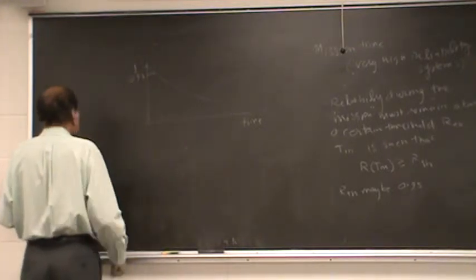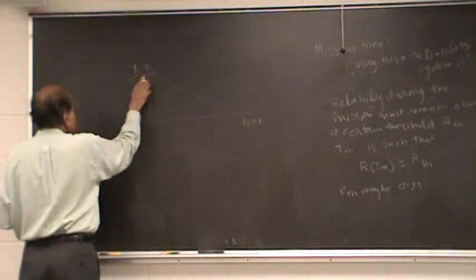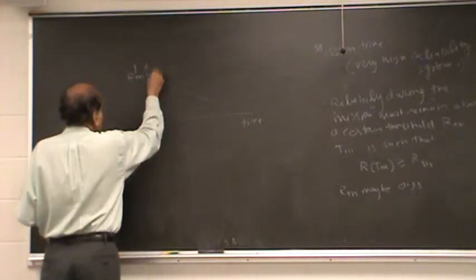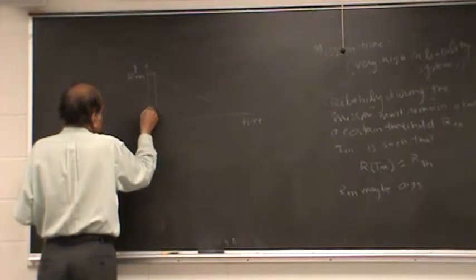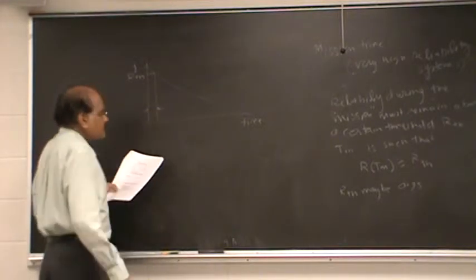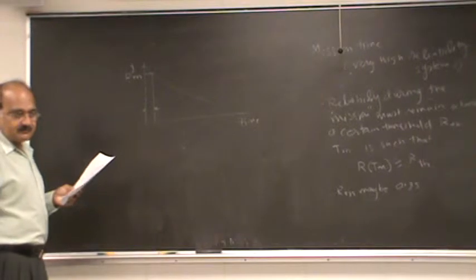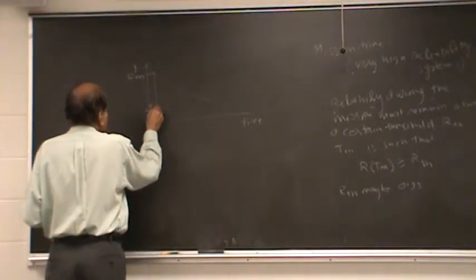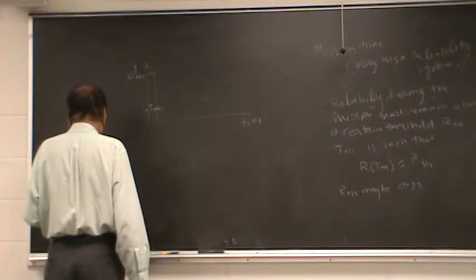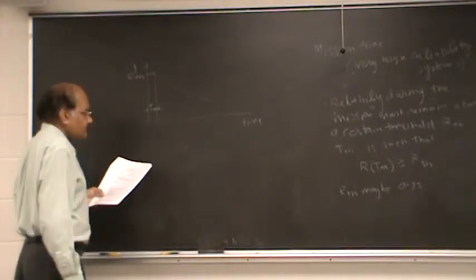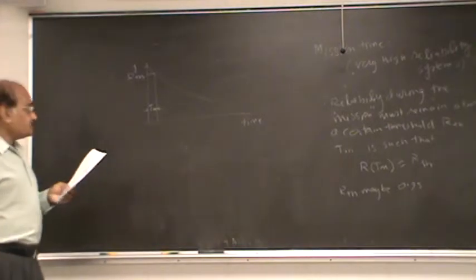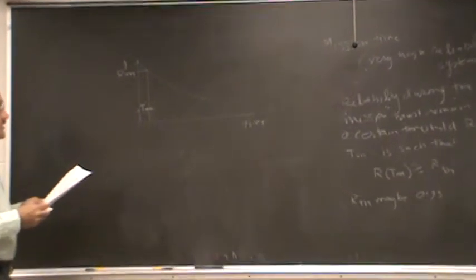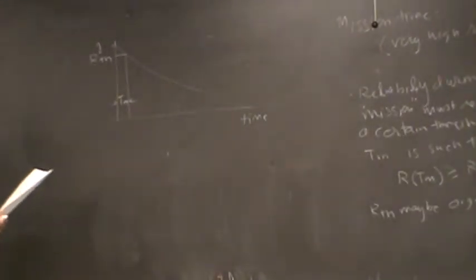So here is R sub TH. And so the time during which reliability is above or equal to R sub TH is your mission time. Now this is something that you would use only for very high reliability missions.